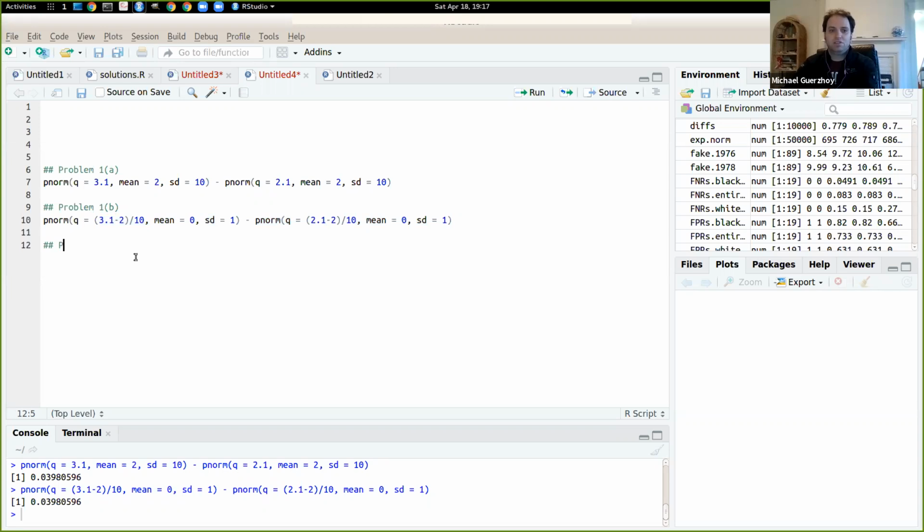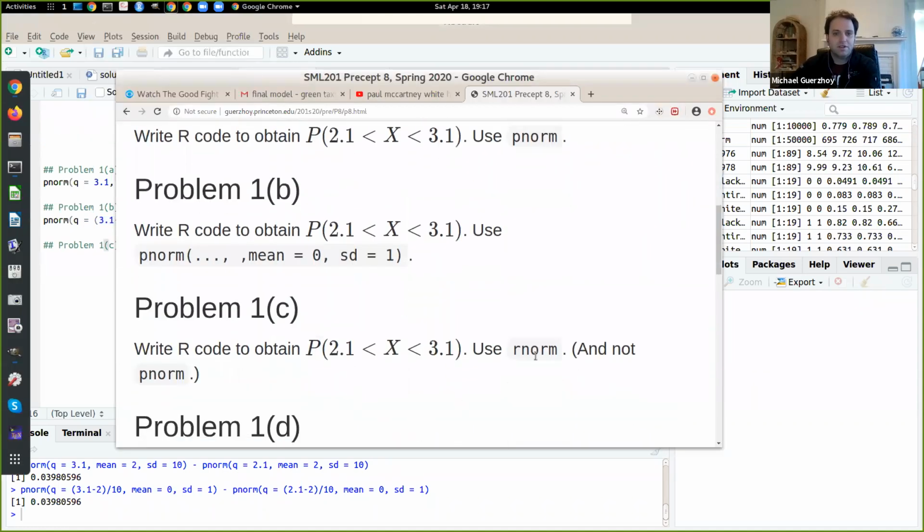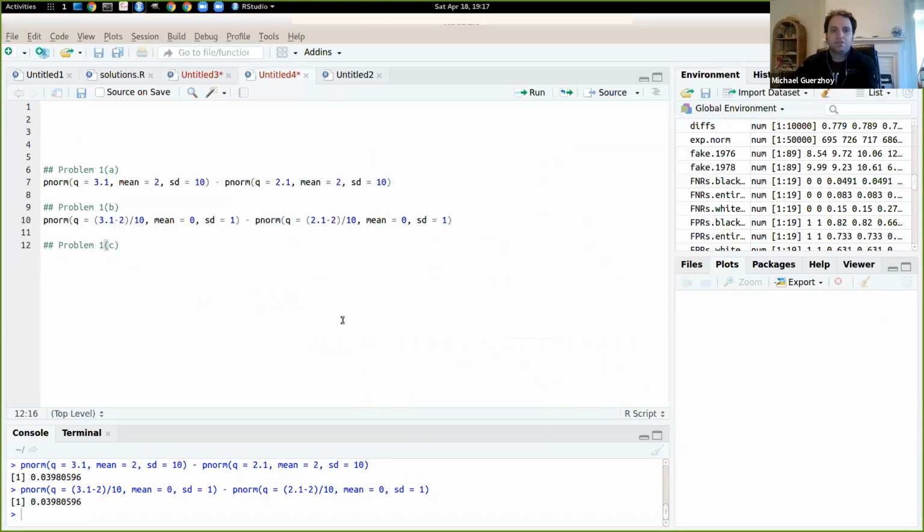Okay, now we probably need to do it with rnorm, right? We're allowed to use rnorm however we want.